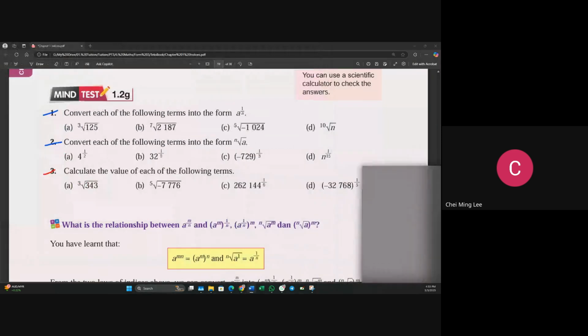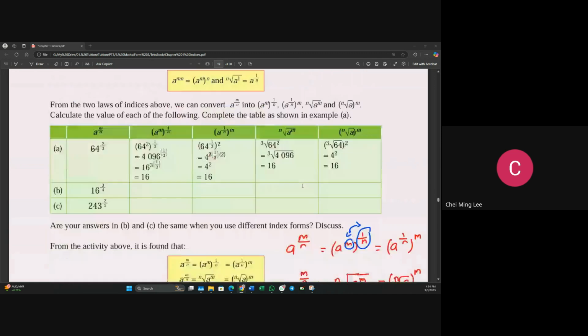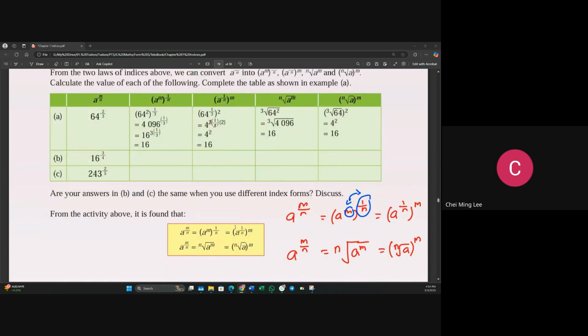Okay, so let's see the other way around. You see, a to the power of mn is a to the power of m to the power of n. So the nth root of a to the power of 1 over n we already showed you. All right, so this is the formula.